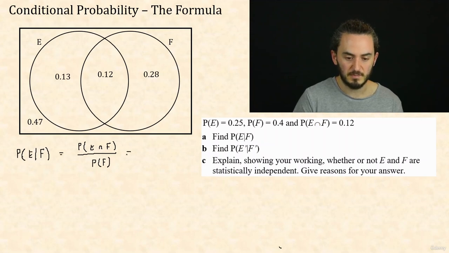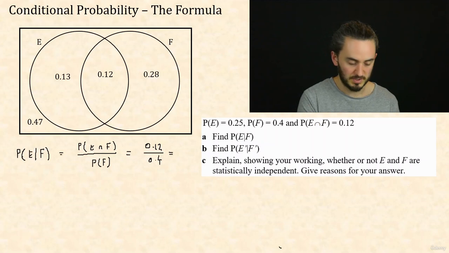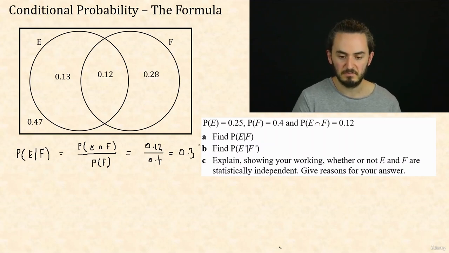Well, it is the probability of the intersection, so 0.12, divided by the probability of F, which is 0.4. And this I think I can just key straight into my calculator. 0.12 divided by 0.4 is 0.3. So there's our answer to that.